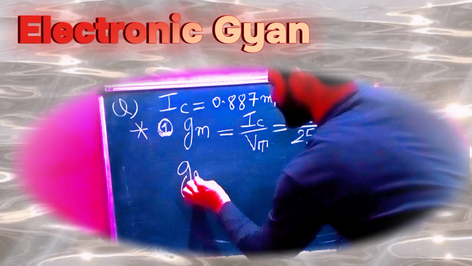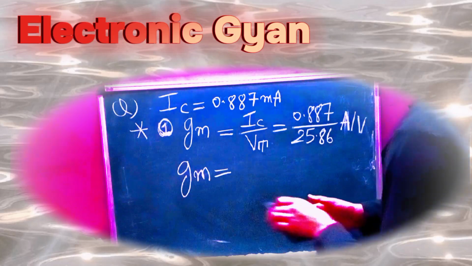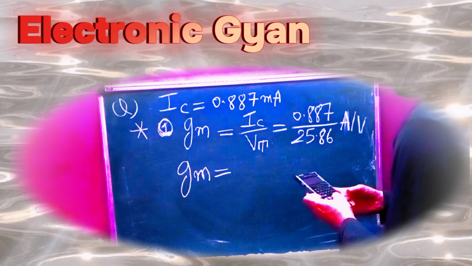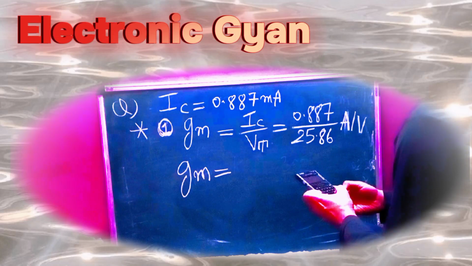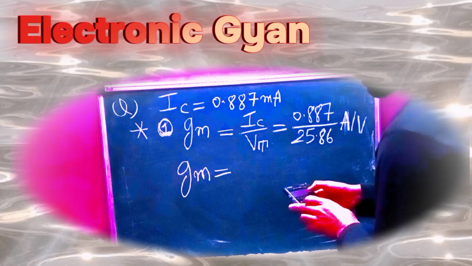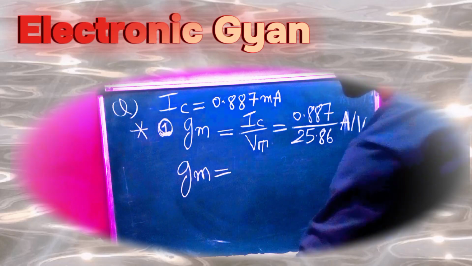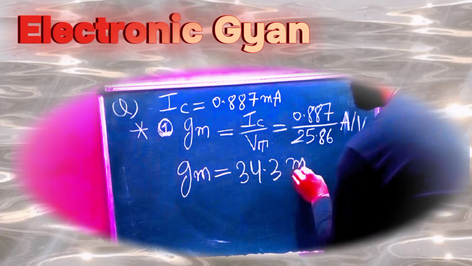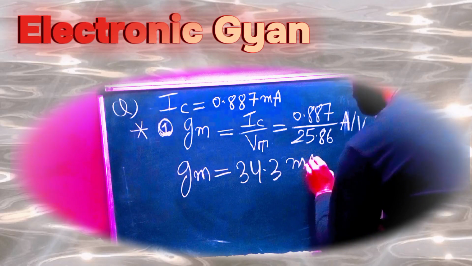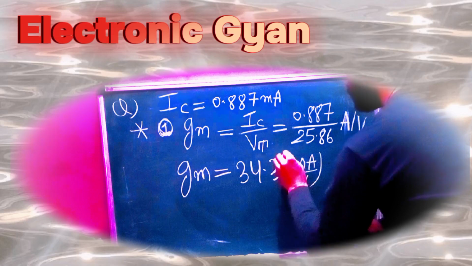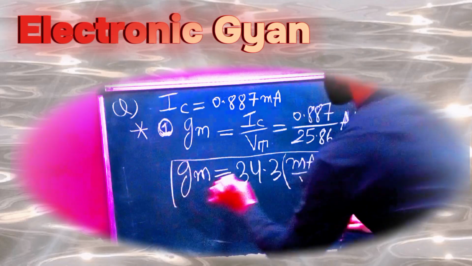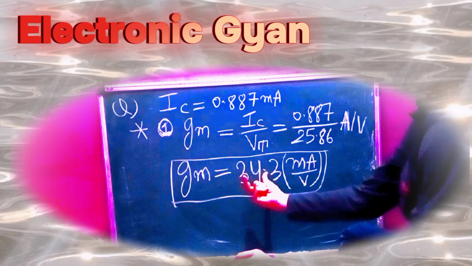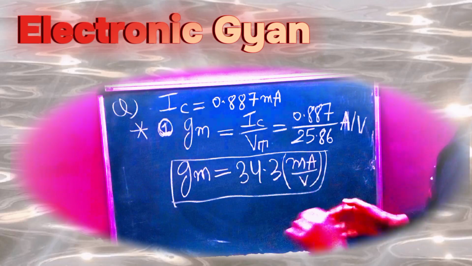Therefore my transconductance will become equal to 0.887 divided by 25.86, which will come 34.3 milliampere per volt. This is the transconductance of the common emitter amplifier that we have obtained: 34.3 milliampere per volt.